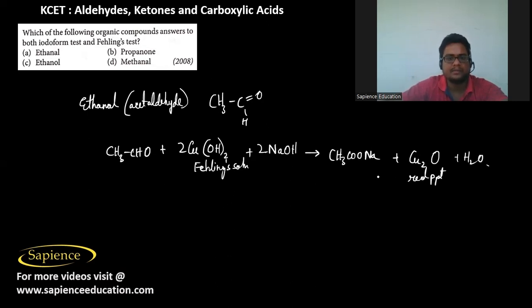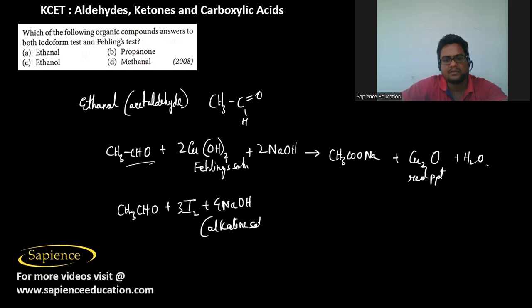So it gives a red precipitate with Fehling's solution, and also CH3CHO will react with an alkaline solution of iodine, which is I2 and 4NaOH. So it is an alkaline solution of iodine, which is used in the iodoform test.